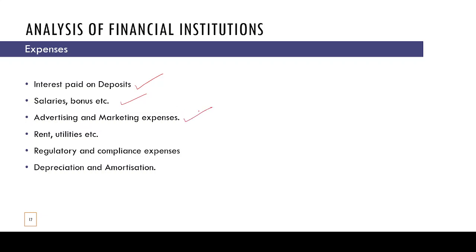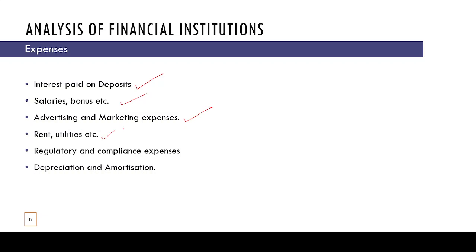Then any advertising and marketing expenses, right? So these would include the costs associated with promoting the bank's products and services, such as any advertisement campaigns, any sponsorships, any events.